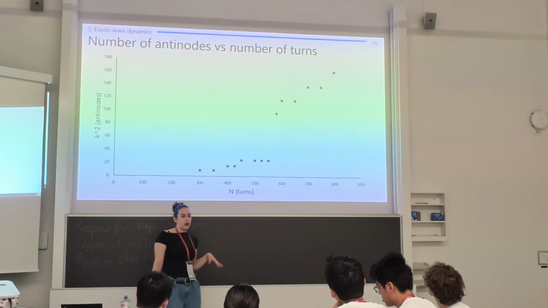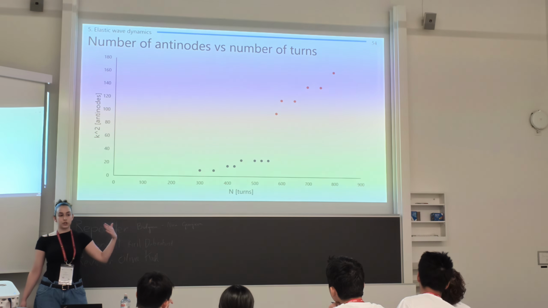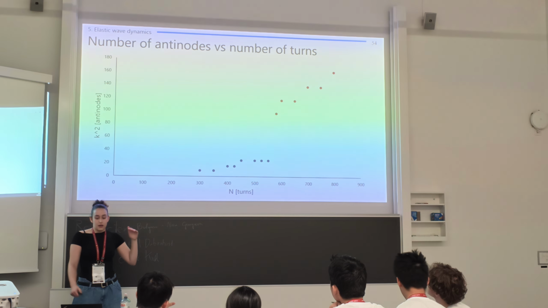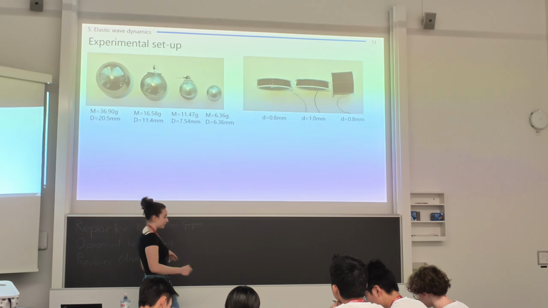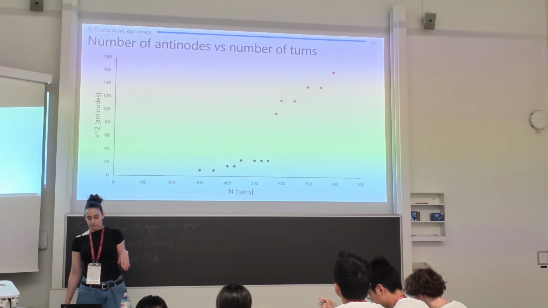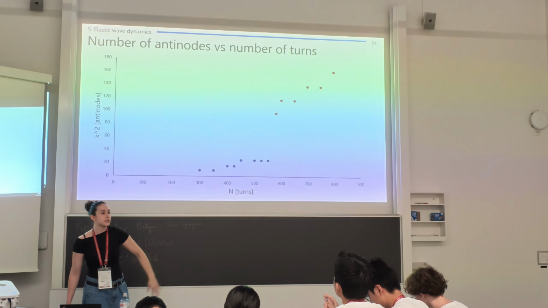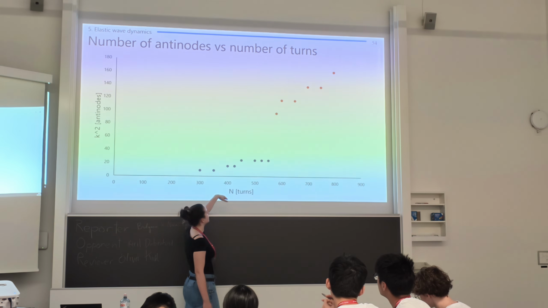So this is the graph for the highest number of modes seen. Here the number of turns is varied and the length is fixed, so we can see that we have two parts: the first part where we have lower modes, and higher modes.